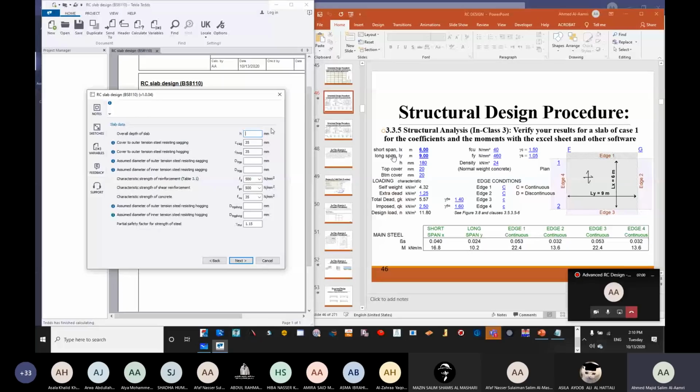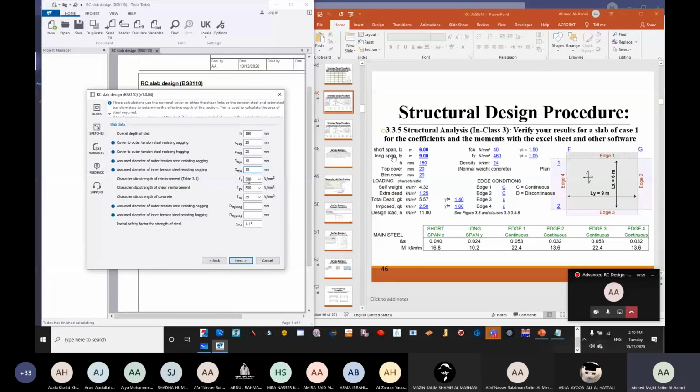Overall depth of the slab. So if we go and see here, H or the overall depth of the slab is 180. So we are going to go for 180. Cover is here 35. Here it's 20 according to the question. So 20, and then we have 20. Diameter here is not given, but we can assume that the diameter is 10 pi.